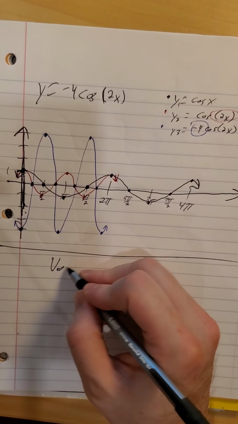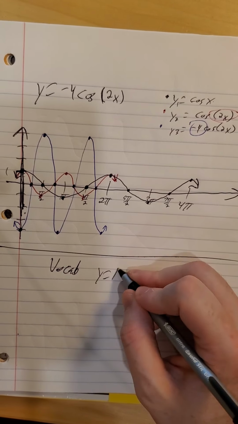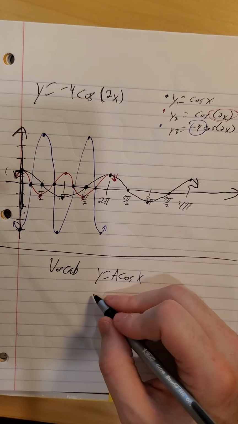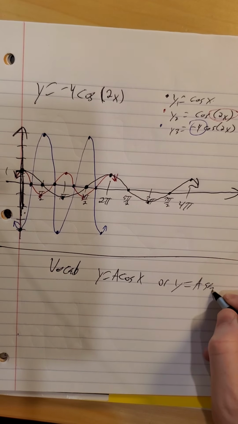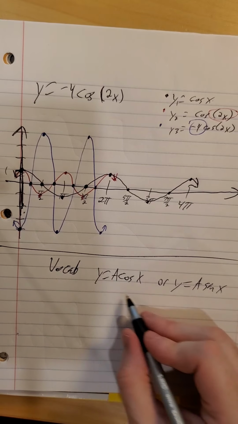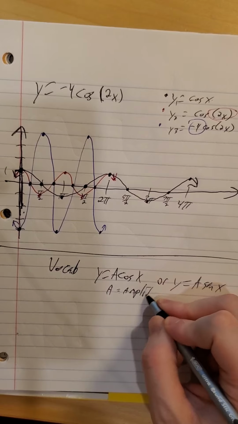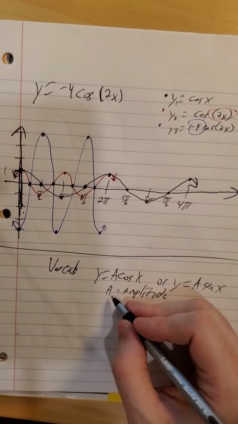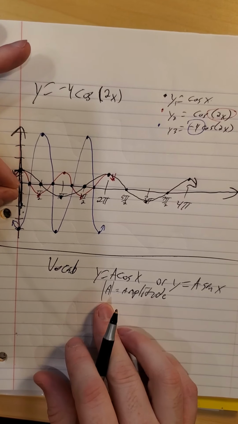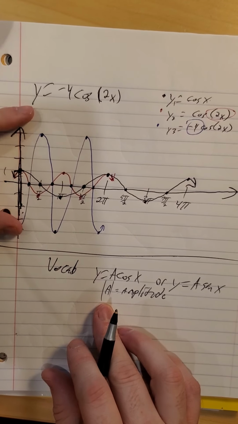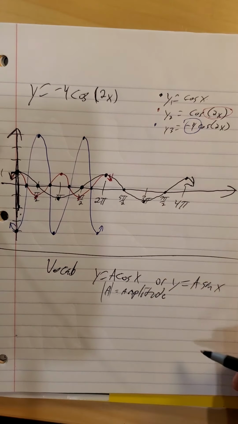So just a little bit of vocab that we used in that section. In a cosine of x or a sine of x, a is the amplitude. And we can just use absolute value so that we just care how much it was dragged out, not necessarily whether it got flipped or not.